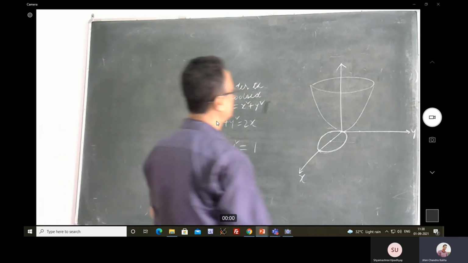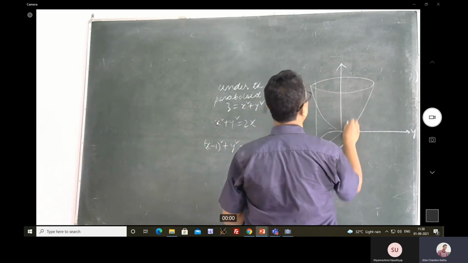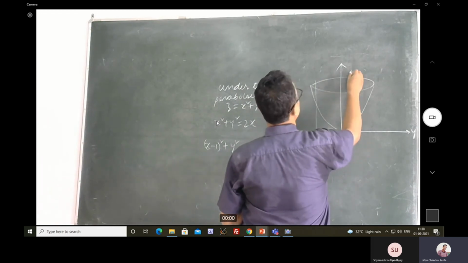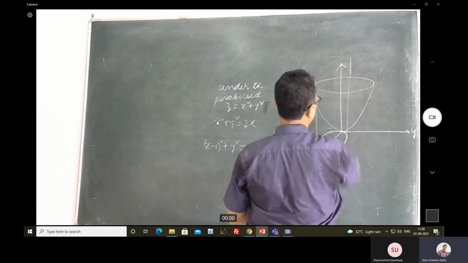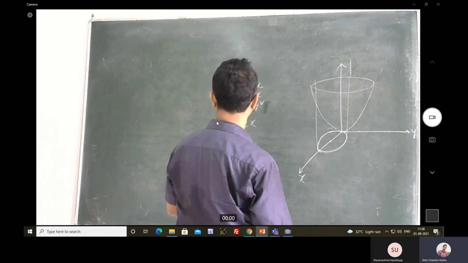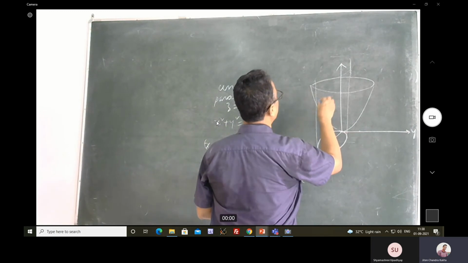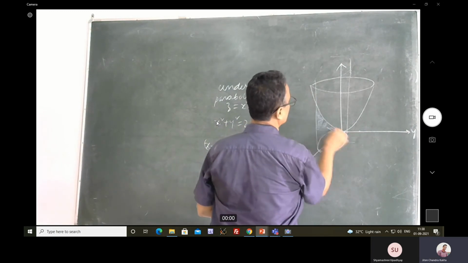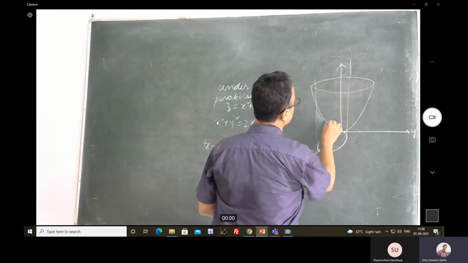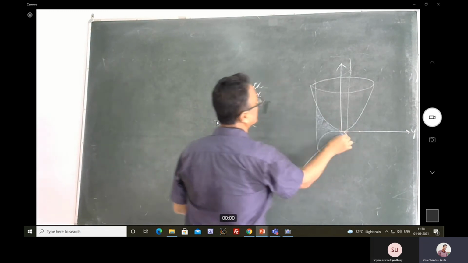Okay? So now what we have to do, simply, if you extend it, I will have a region like this. I have to find the volume of this region. Is it okay?